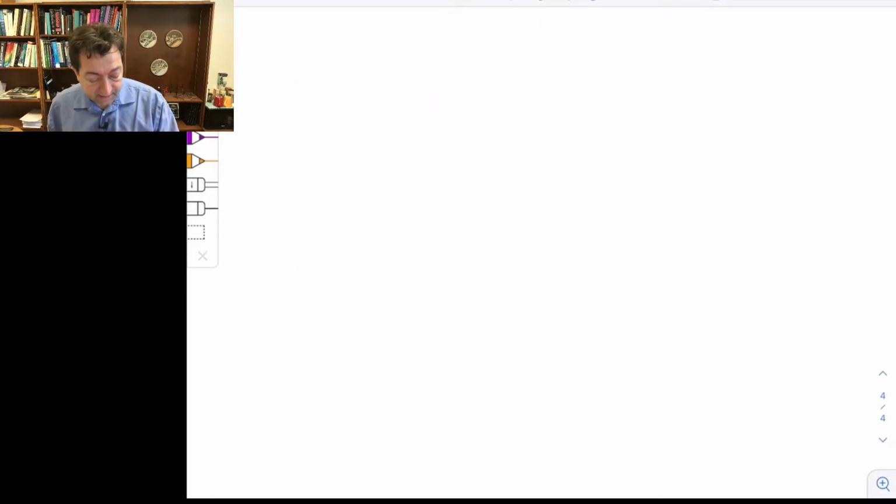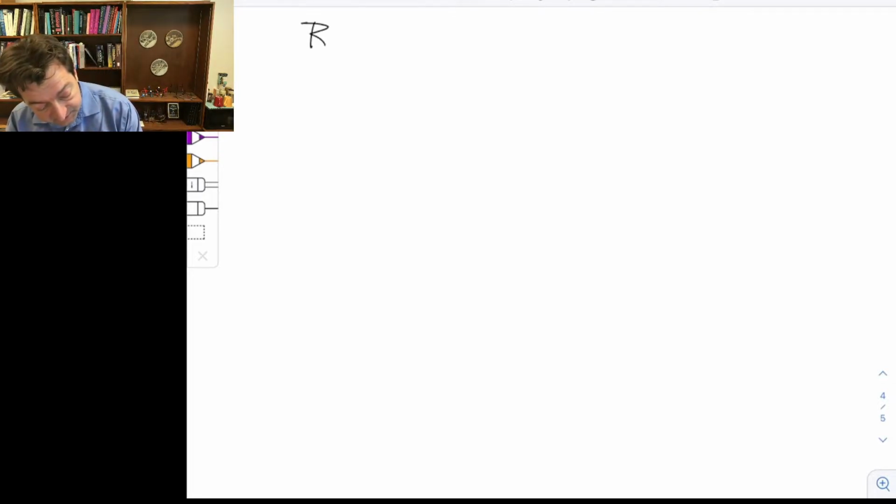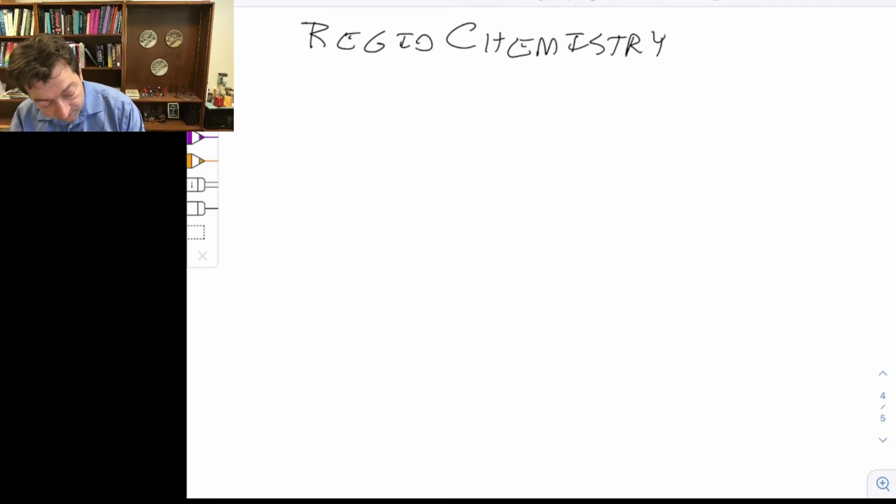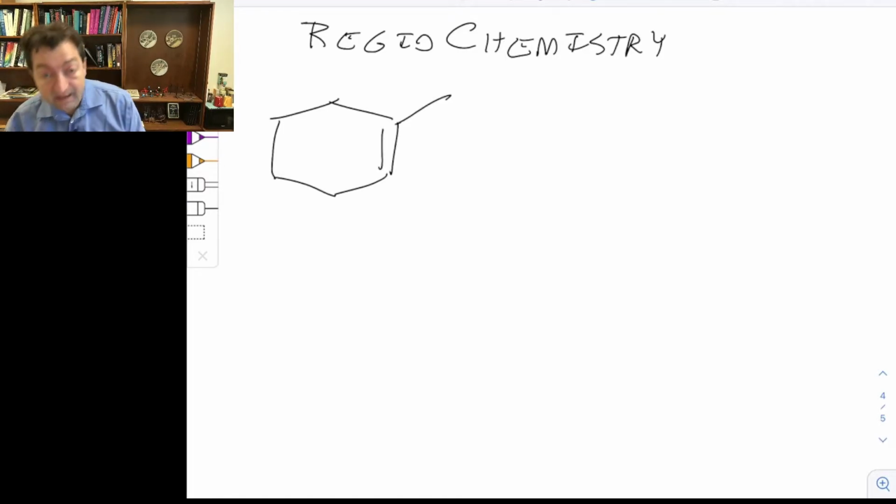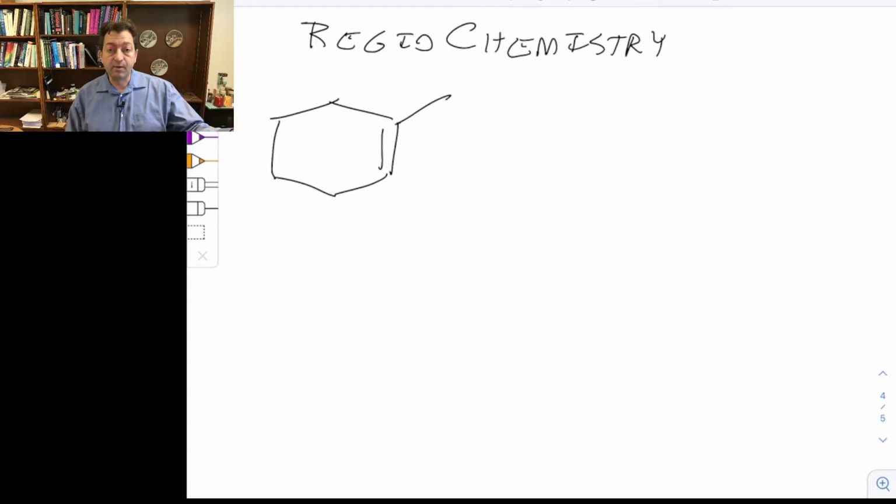Let's look in some more detail at the regiochemistry of this as well. If we imagine an unsymmetrical alkene that we're working with here, again, I'll put methylcyclohexene, now we've got two different ends to the double bond. We've got one end that's more substituted than the other.